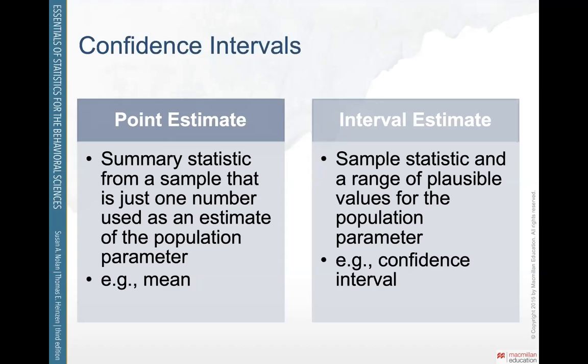Margin of error is another word for interval estimate. It's an interval above and an interval below the mean, the point estimate, which represents the center of the distribution. There's a little bit to the left of the point estimate, a little bit to the right. The point estimate plus the interval estimate combined form the confidence interval.